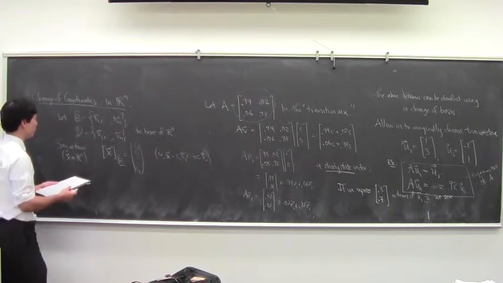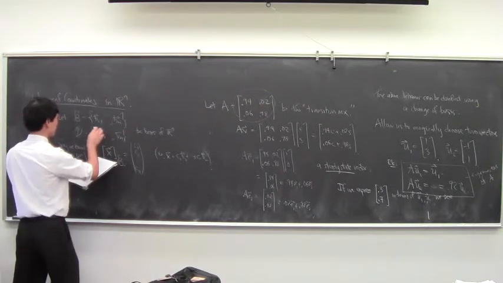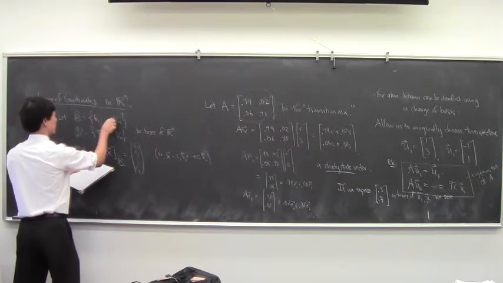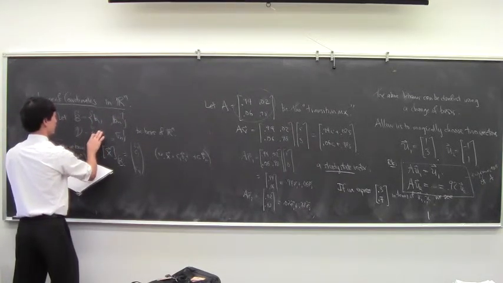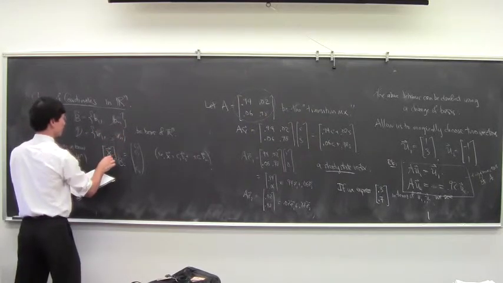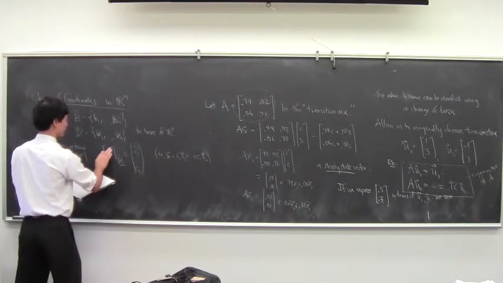And now I understand why in my text I was writing these things all as column vectors. So actually, let me write these guys all as column vectors. You may just write some note that these are all column vectors.